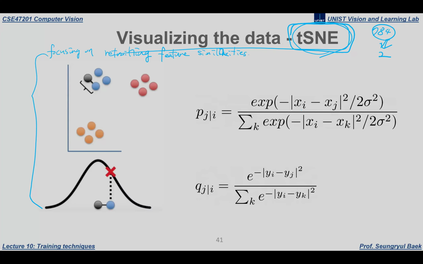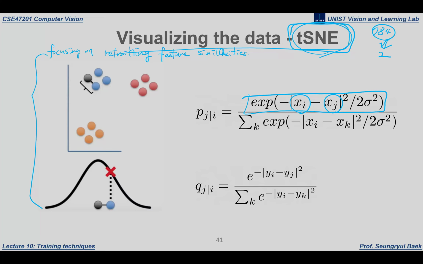Let's say xi is the i-th sample, and j is the pairwise sample to the i-th sample. This exponential measures their similarity, or distance, in the feature space.